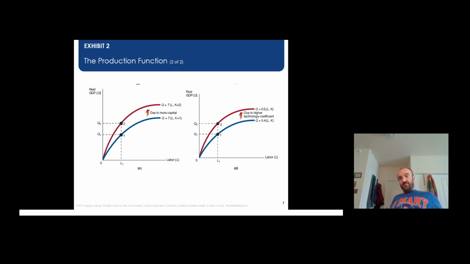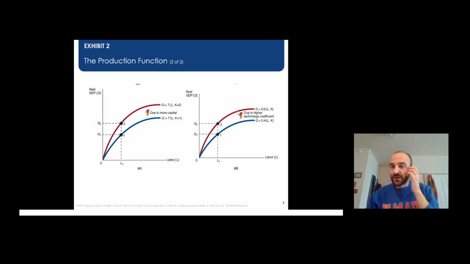Another way of doing the same thing is that you keep both capital and labor constant, but you change the coefficient of technological productivity: how much output can be derived from the same number of people working and from the same amount of capital goods, the same quantity of tractors, combine harvesters, houses, pieces of real estate, machines, tools, and so on.